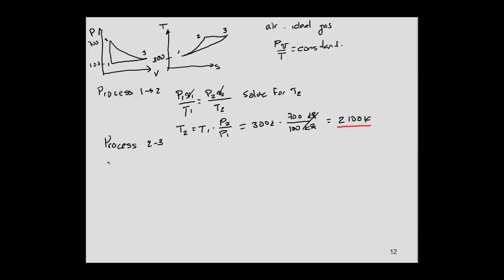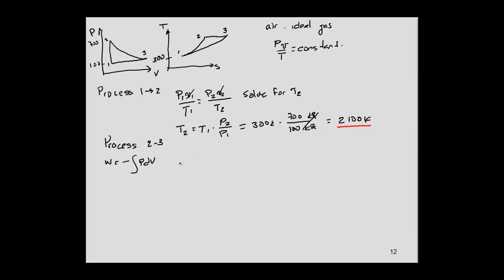We need to compute the work out. So we will start with our general expression. This is the work for a mechanical system, and we need to find an expression of P as a function of V, and we have it here.